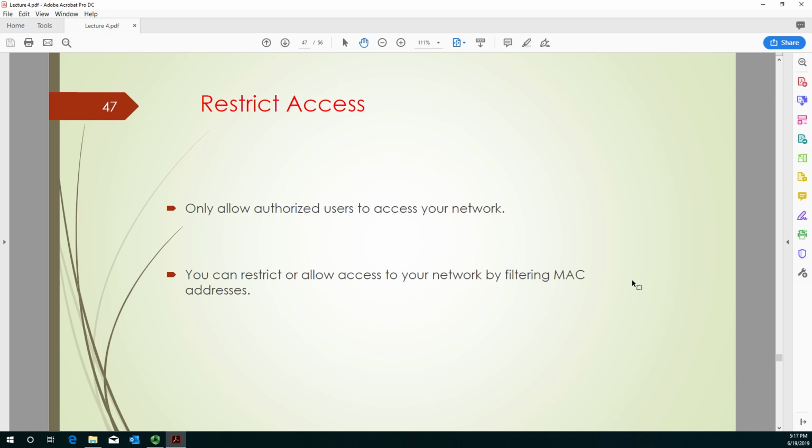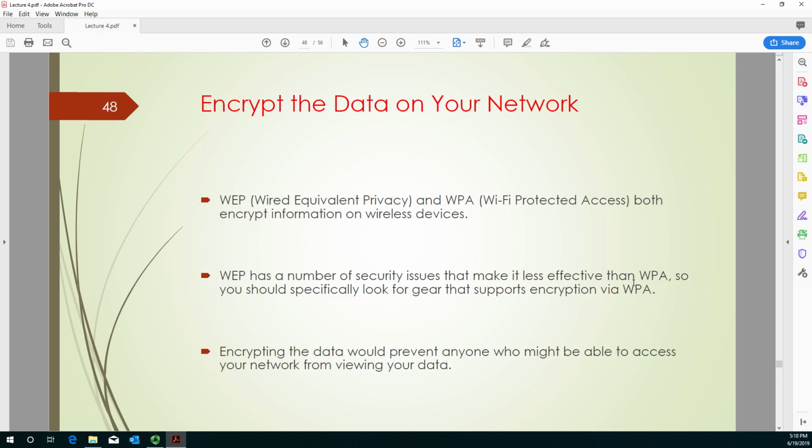And you don't want to access patient data or transmit patient data using an insecure network. Encrypt the data using your network. WPA is more effective than WEP. This could be one of the questions that may be asked in your midterm exam. So keep that in mind.